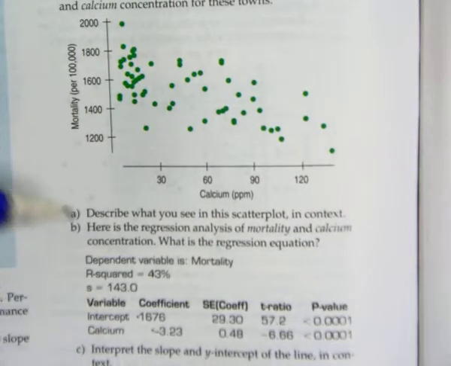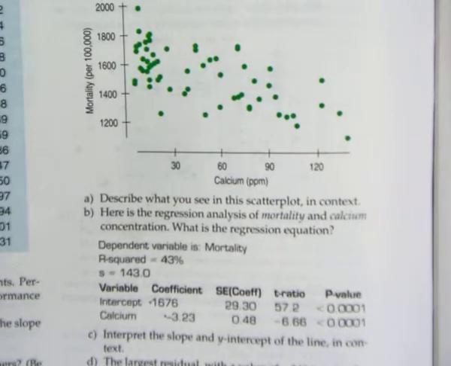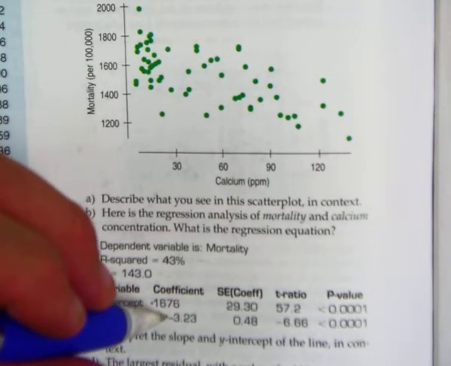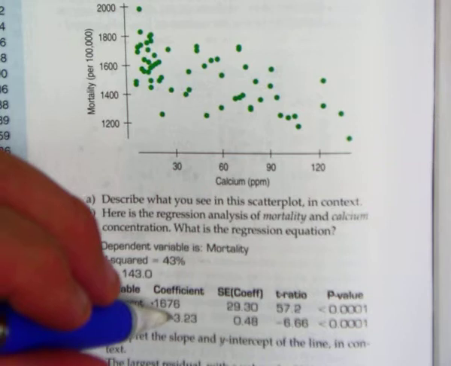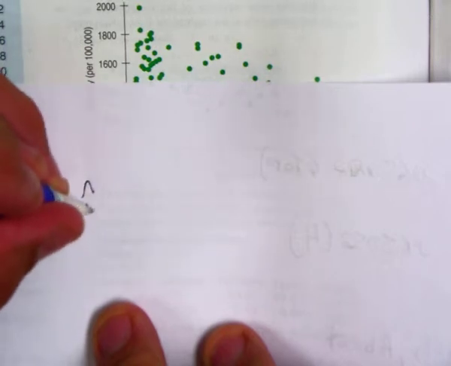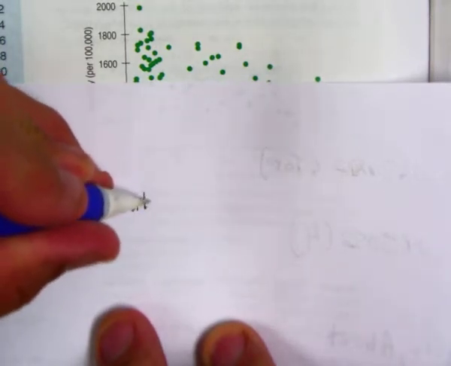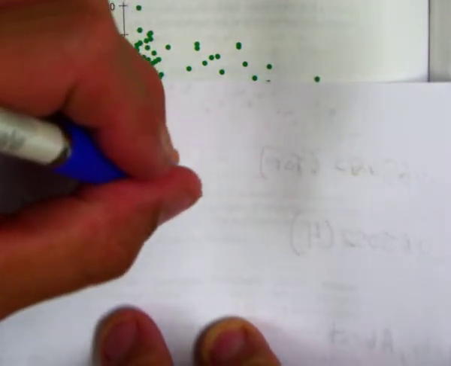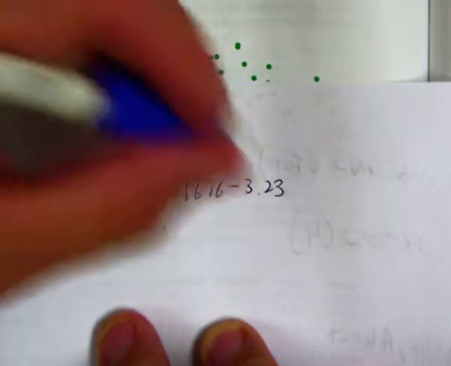Okay. So we've got to write the regression equation from this right here. So let's talk about that. This is the y-intercept, and this is the slope. So our regression equation would be predicted mortality equals 1,676 minus 3.23 times calcium.